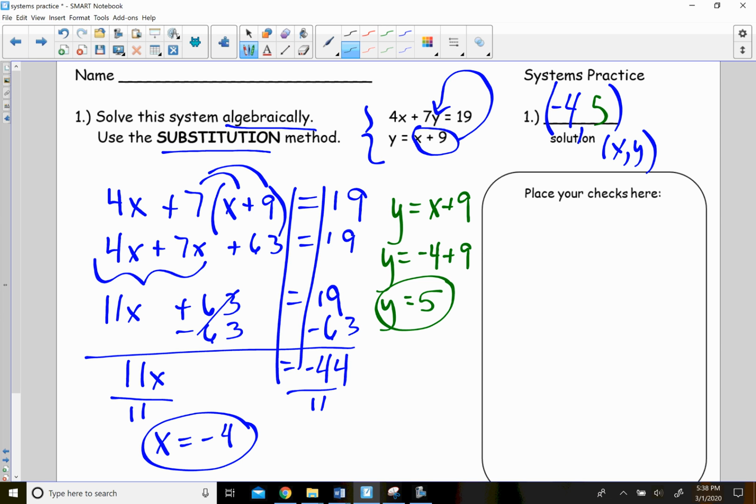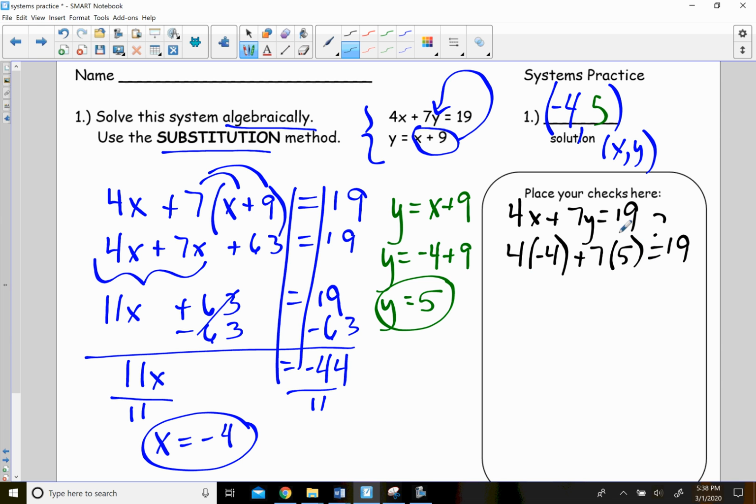So now I want to go through and check my answer. Is negative 4 comma 5 really the point of intersection? If it is, I can plug in negative 4 for x and 5 for y into each of these, and it would be a solution because it would give me a true sentence. So if I take the first equation, if I plug in negative 4 for x and 5 for y, does that equal 19?